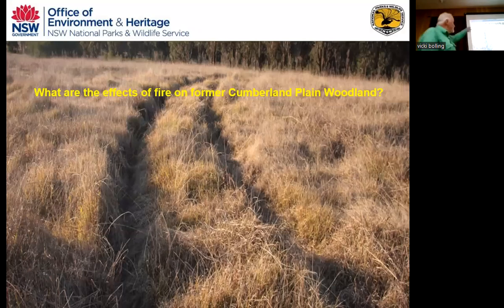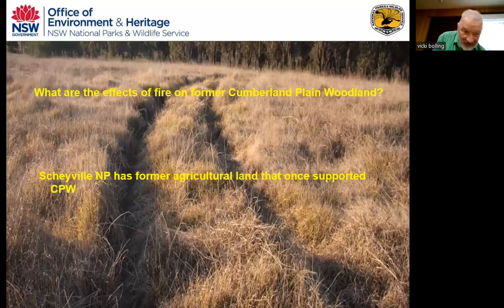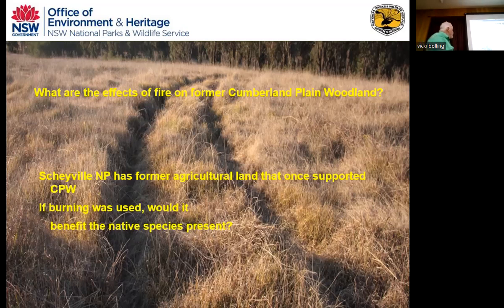So we looked at what are the effects of fire on the Cumberland Plain woodland. And what we also looked at was the former agricultural land that once had Cumberland Plain woodland on it, and saw if we use fire, would we be able to benefit the native species?